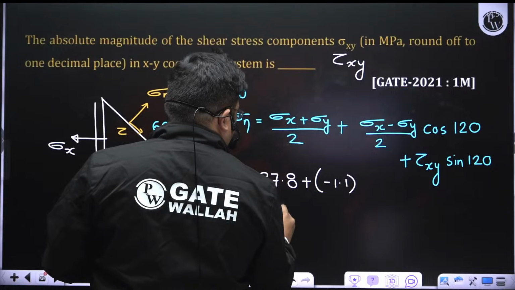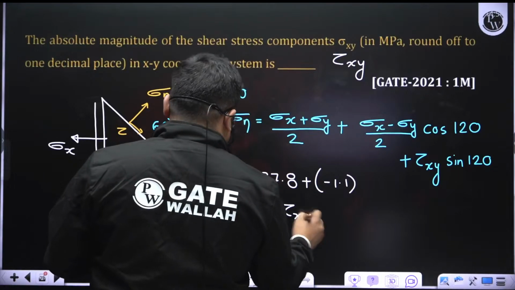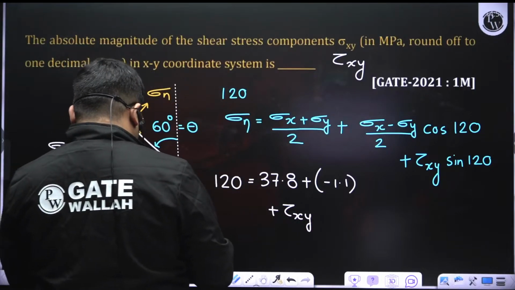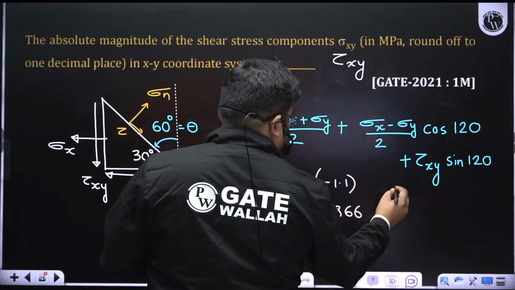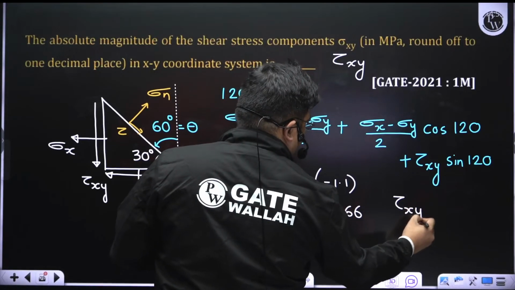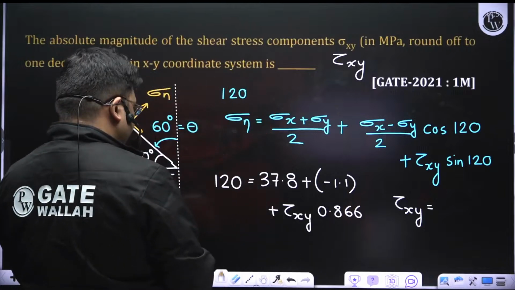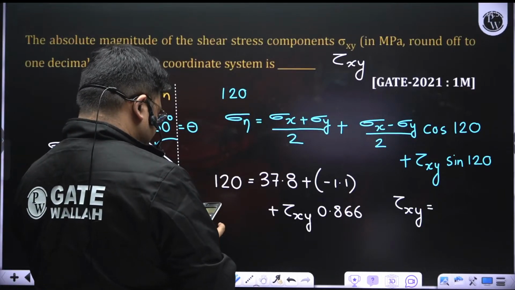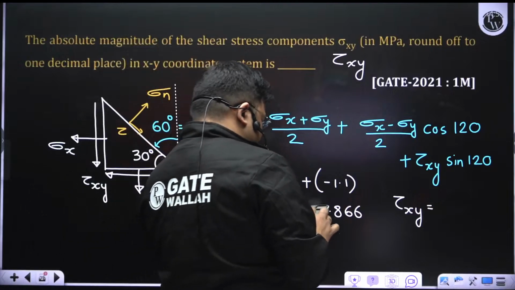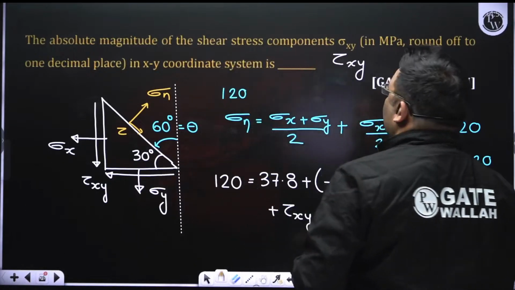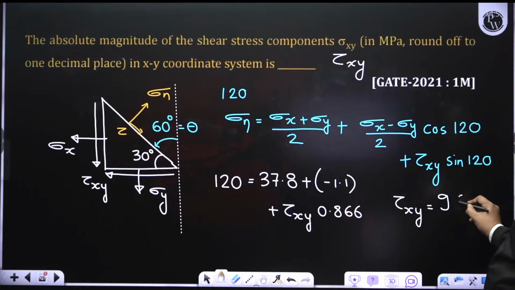Plus tau xy sin 120, which is 0.866. So from here I can find out tau xy is equal to (120 minus 37.8 plus 1.1) divided by 0.866. Approximately I am getting, as written, round to one decimal place, 96.2.